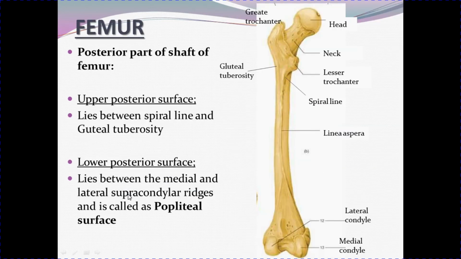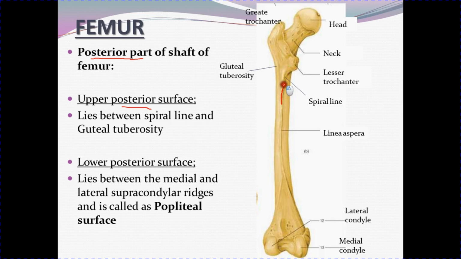But in the posterior aspect of the femur, because of divergence of the linea aspera into the medial and the lateral lips, one more surface is formed, which is called the posterior surface of the femur.